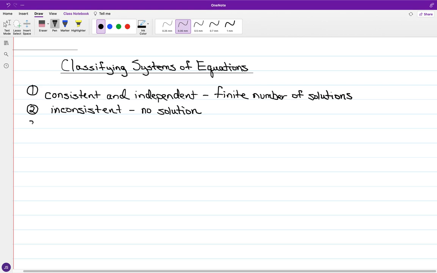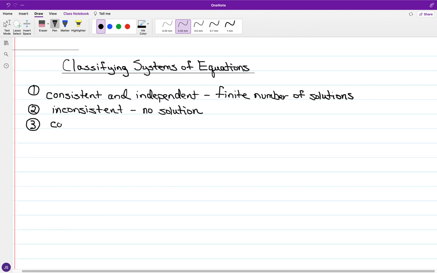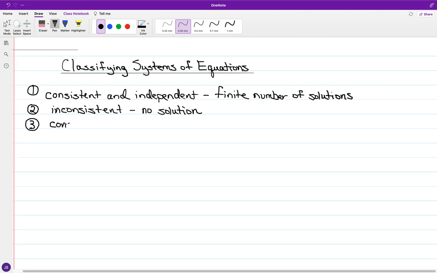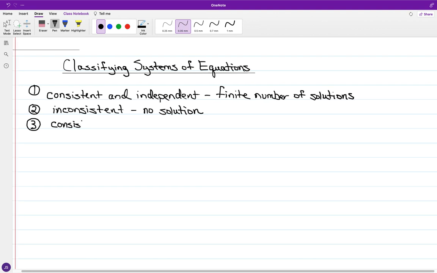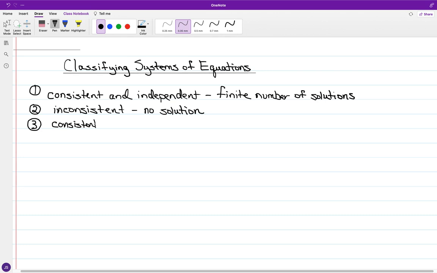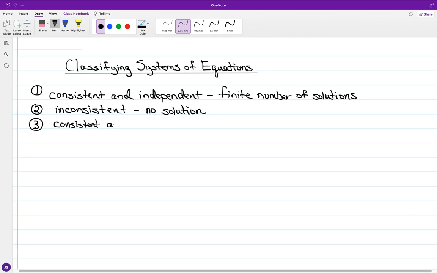And then we have the third and remaining classification, those that will be consistent and dependent. And this type of system is going to have an infinite number of solutions.